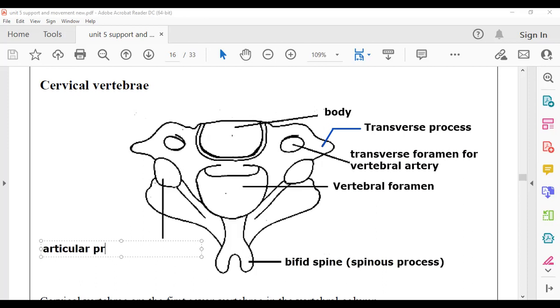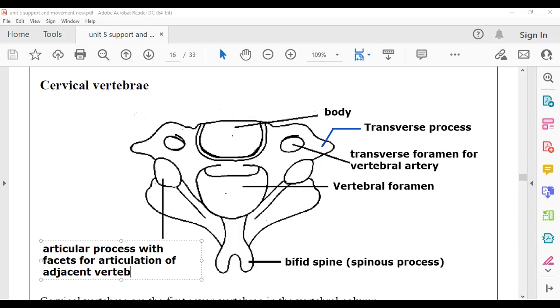Articular process, with facets for articulation of adjacent vertebrae.